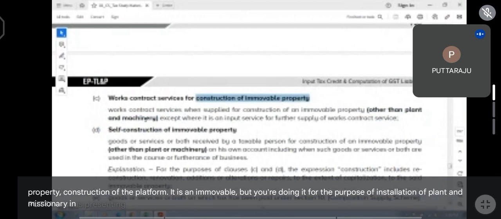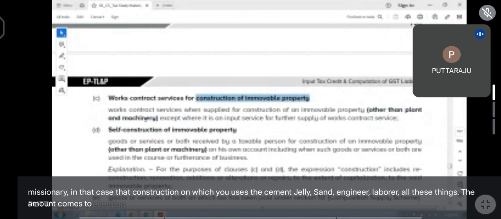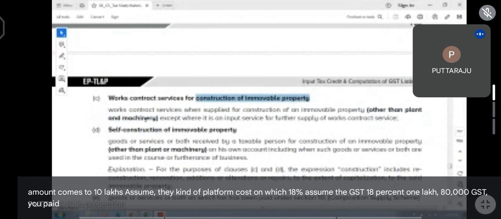In that case, that construction, on which you use cement, jelly, sand, engineer, laborer, all these things, the amount comes to 10 lakhs, assume the platform cost, on which 18% GST, 1,80,000 GST you have paid, that will be eligible.